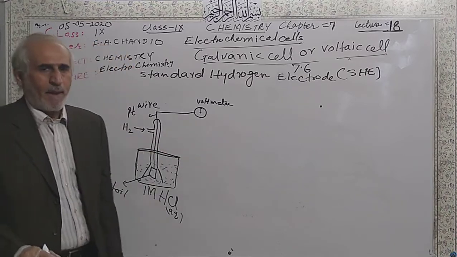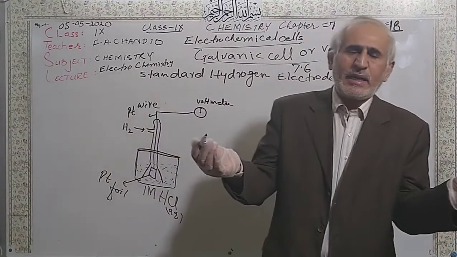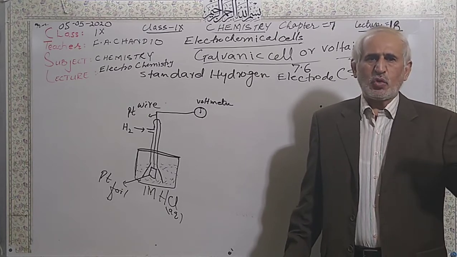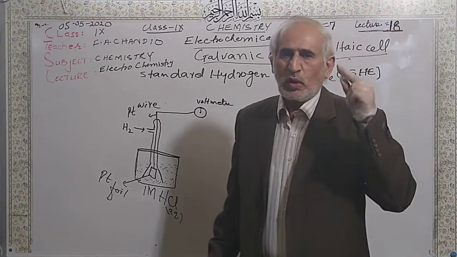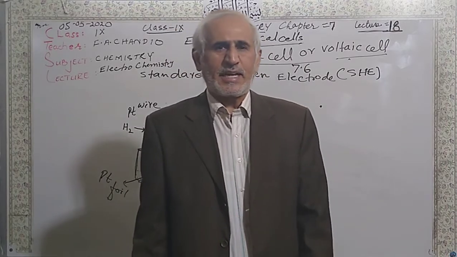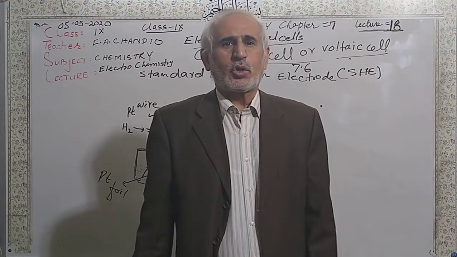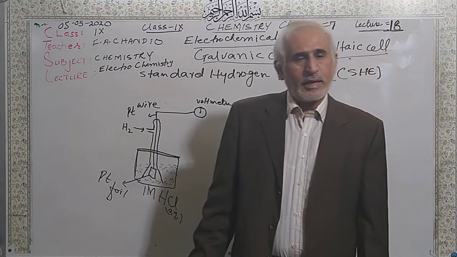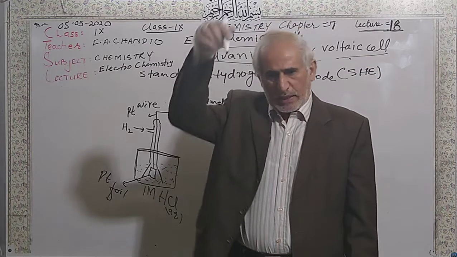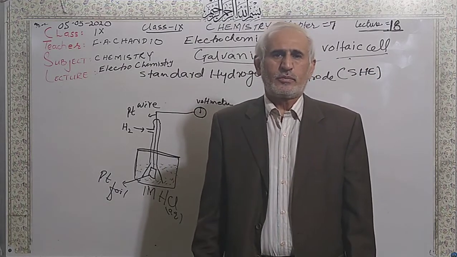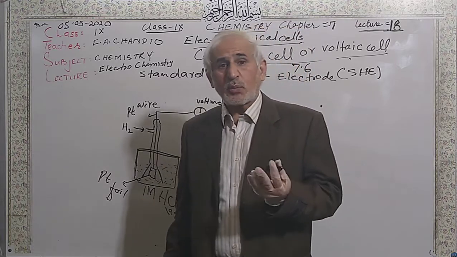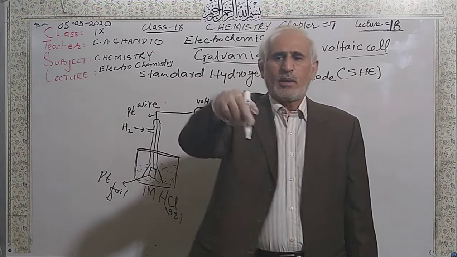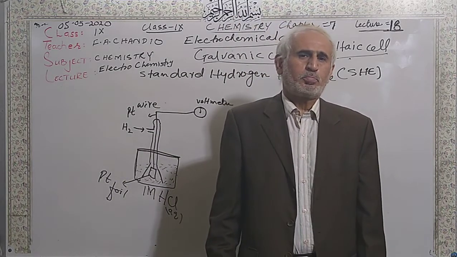On the other side, you can use any half cell. And yesterday I told you when I use zinc, you have to prepare 1 molar solution of zinc sulfate and put a zinc rod. If you are going to use copper, then put 1 molar copper sulfate solution and dip a copper rod as electrode. If you are going to use silver, then put 1 molar silver nitrate solution and put silver as electrode.